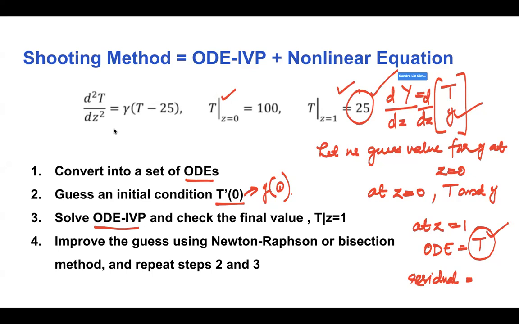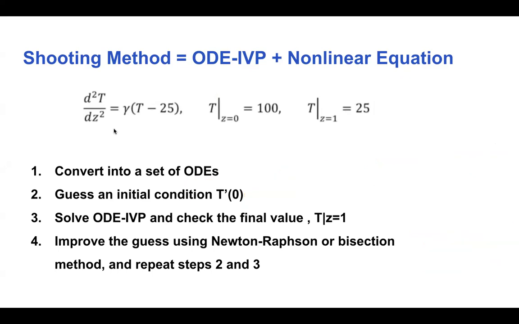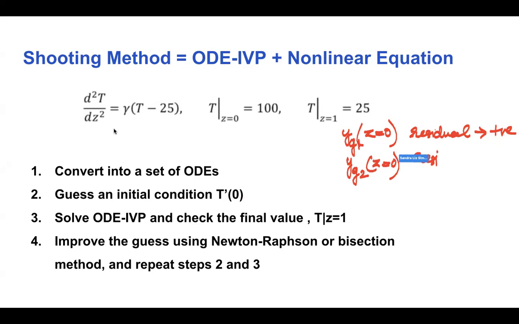So what we do is we initially take a guess of y at z equal to 0 in such a way that the residual is positive for one guess, and for another guess, the residual is negative. This is y guess 1 and this is y guess 2. Now what you do is you take a midpoint of this.